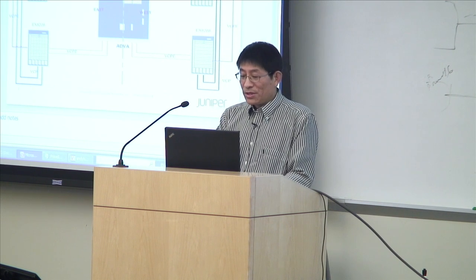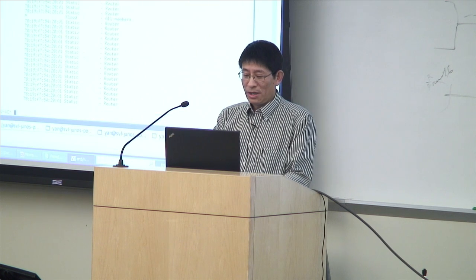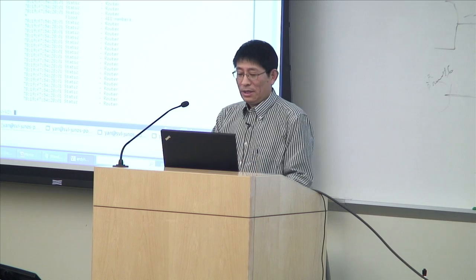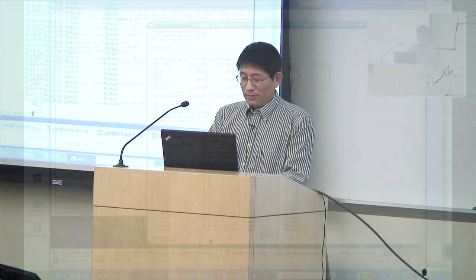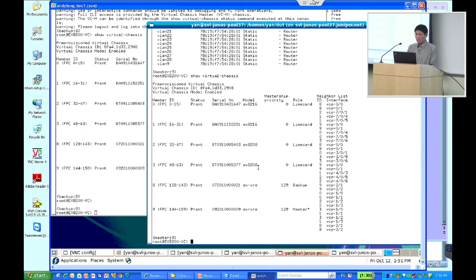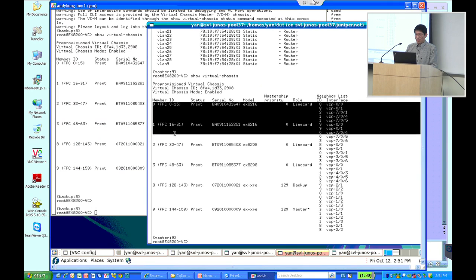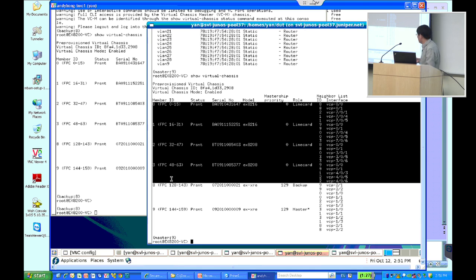And so this is the diagram. Now I have access to the system. What you can see is, for example, this is number 1, number 2, and 3. These four are the big switches.